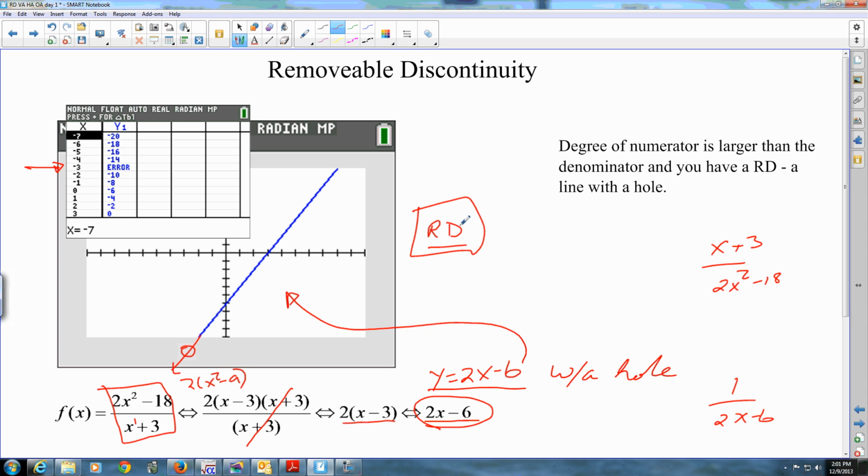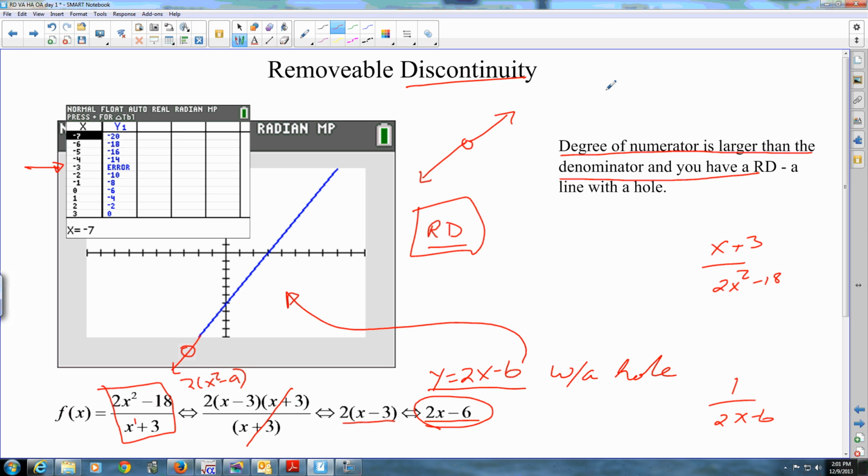A discontinuity means that technically I can't draw this without picking up my pen, my pencil. It's discontinuous. It is not continuous because there's a hole in it. Okay, the degree of the numerator is larger than the denominator. You get a line with a hole if you have a piece that cancels out.